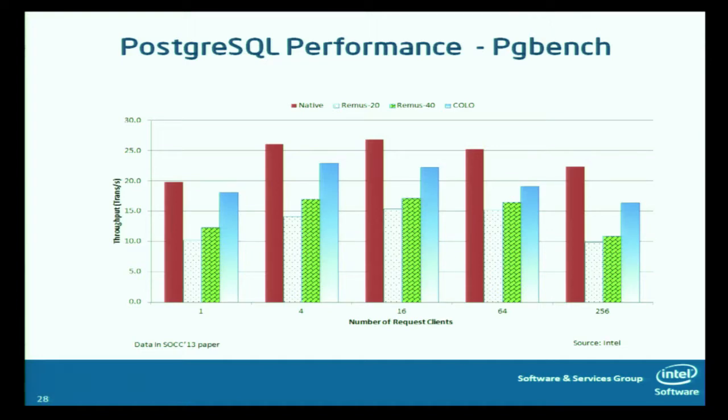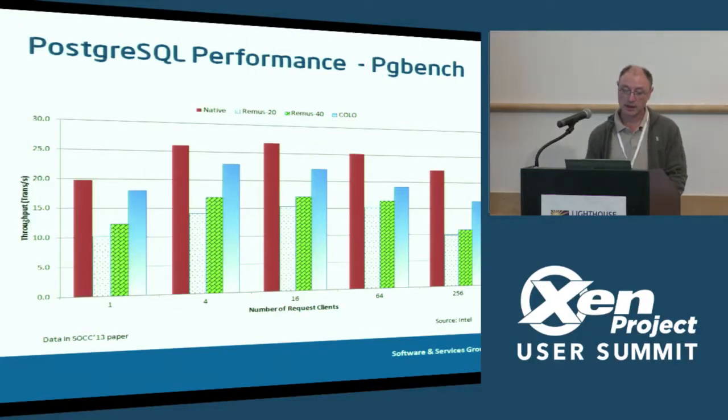Now, when we look at the benchmark case, here we've got throughput as the performance measure, and then we've got our sets of native, the 2 Remus, and COLO. And in this case, again, COLO's performing pretty closely to native, and better than Remus. Pretty much across the board, we see the same pattern as you go up in the number of client threads.